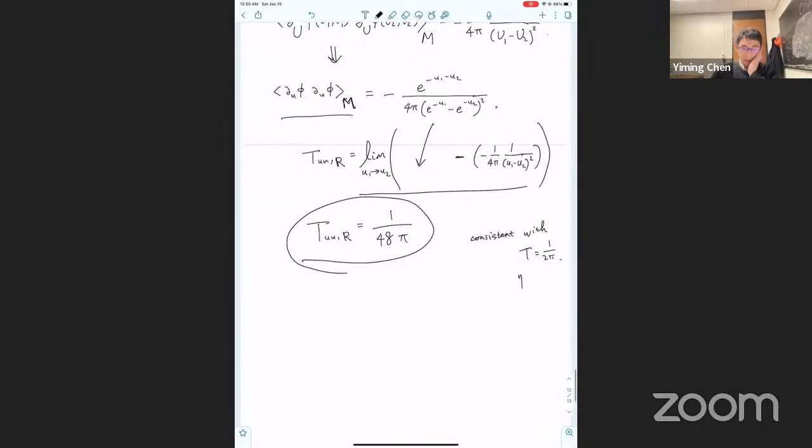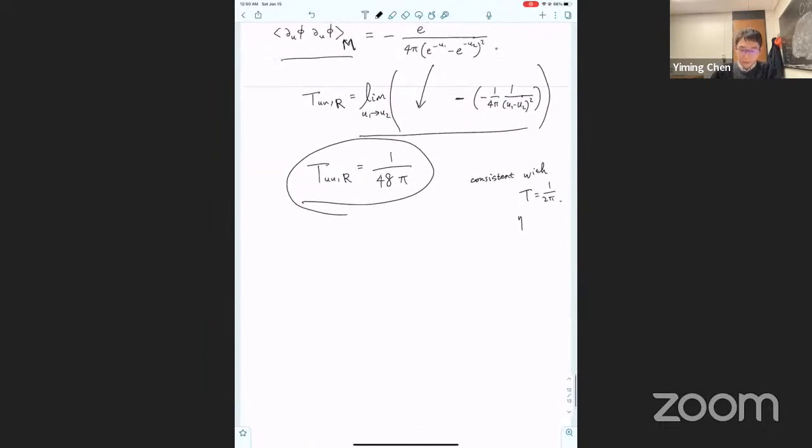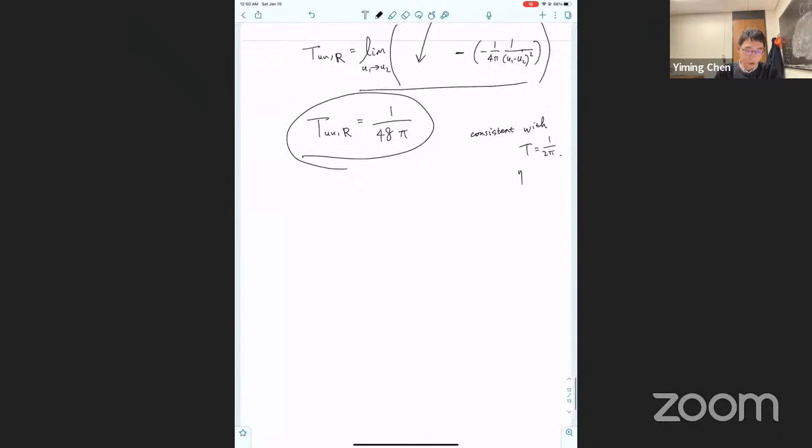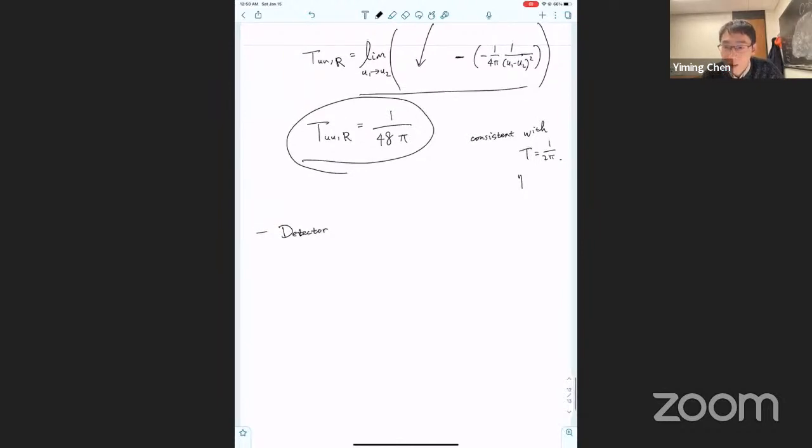Okay. So the last part of the Unruh effect that I want to talk about is the so-called, well, people usually call it the Unruh detector. Yes, I think there is a question in the chat. Can you show explicitly how T_uu is linked to T?